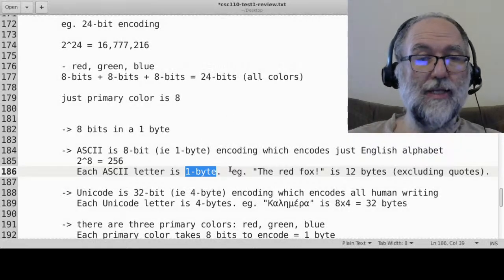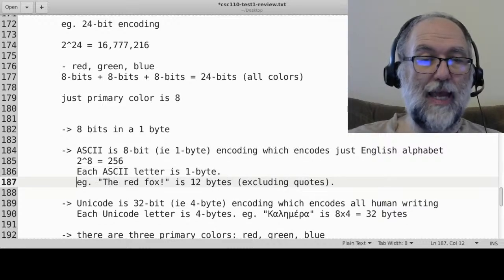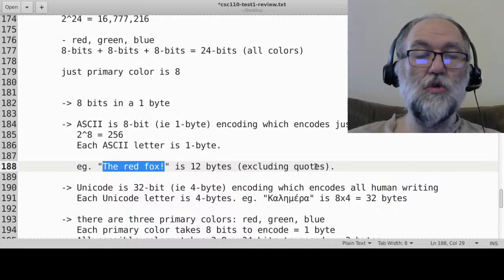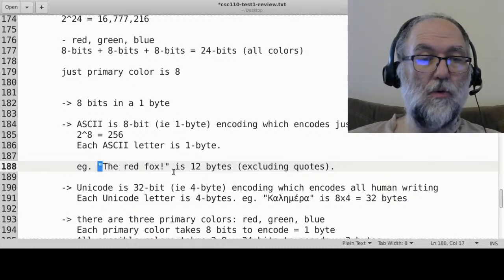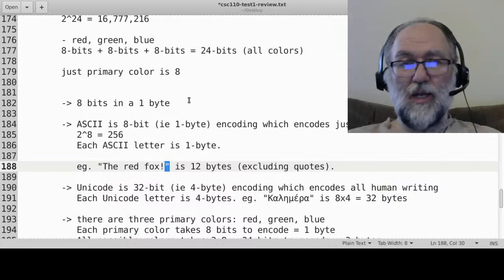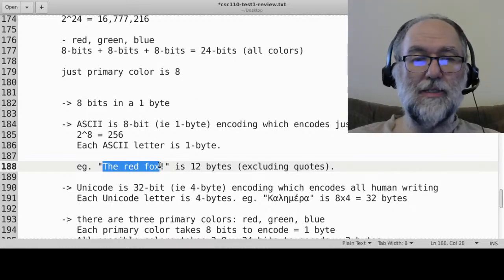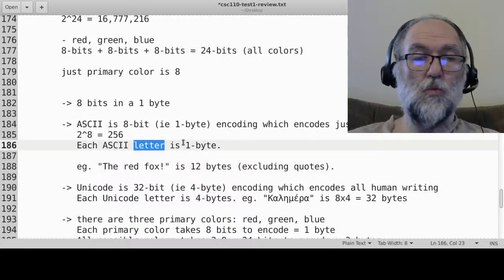So if I asked the question like this: how many bytes does it take to encode this little sentence here, "the red fox," excluding the quotes? I'm going to exclude those quotes, because they would each be a byte as well. But if we exclude those, how many bytes does it take? For ASCII, each letter is 1 byte.